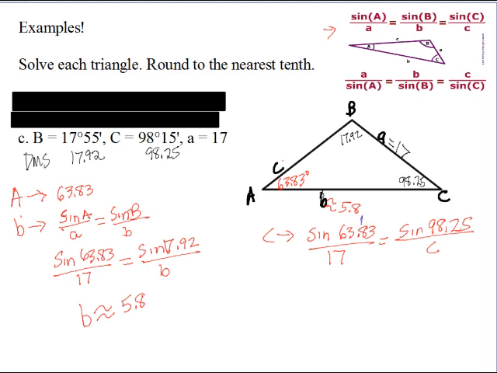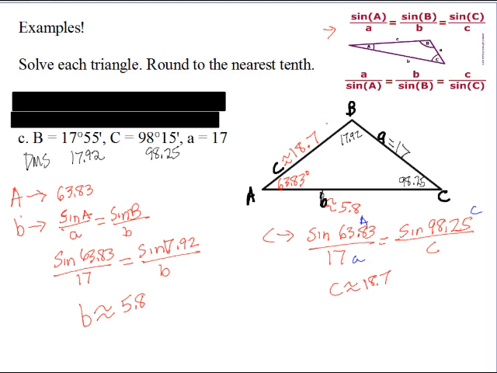Remember, this is big A, little a, big C. So when you plug in, c should be approximately 18. I believe that's a 7 in my notes. Okay, make sure you confirm that. So approximately 18.7.